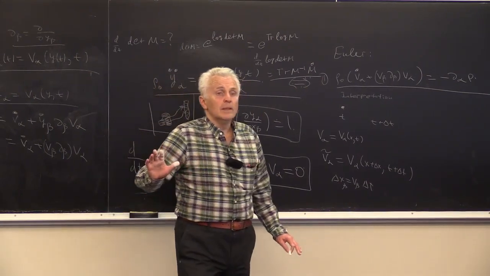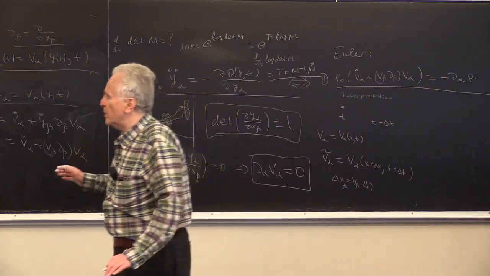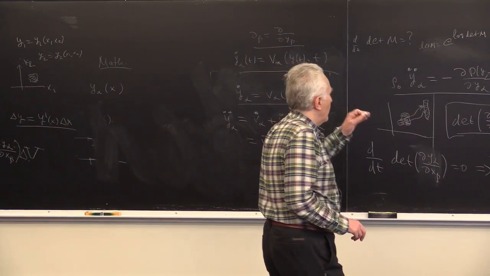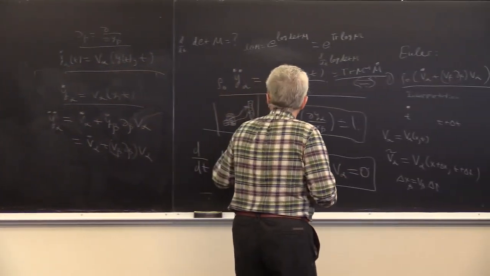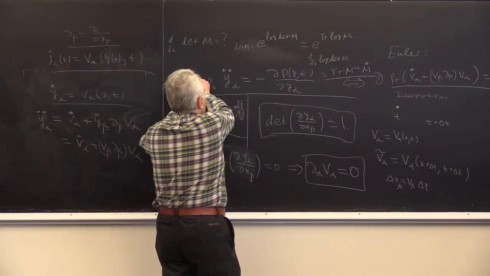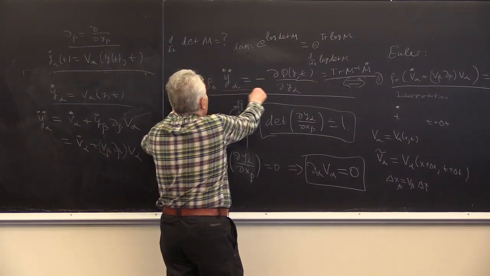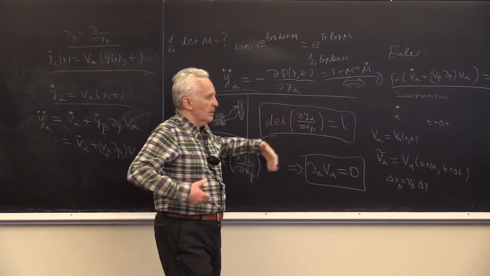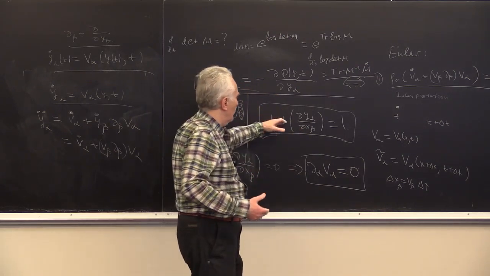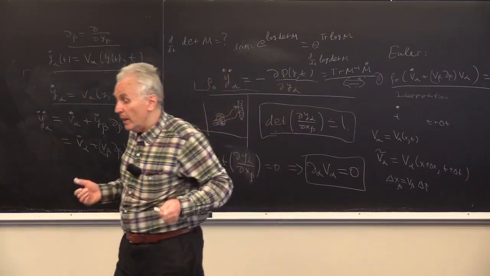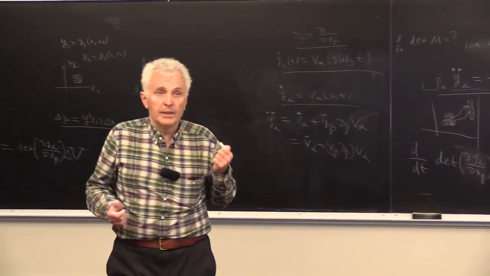Now, one general point which is worth making is, let's compare. In this equation and in this equation, we have the motion which preserves the volume. And so we have a Hamiltonian system.